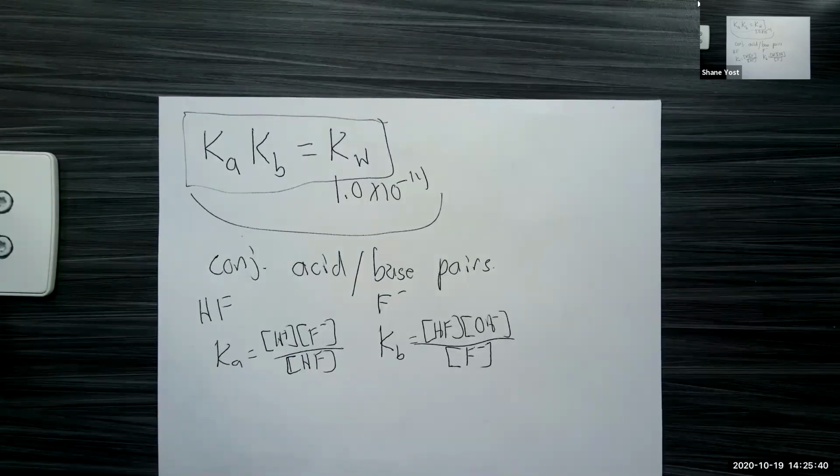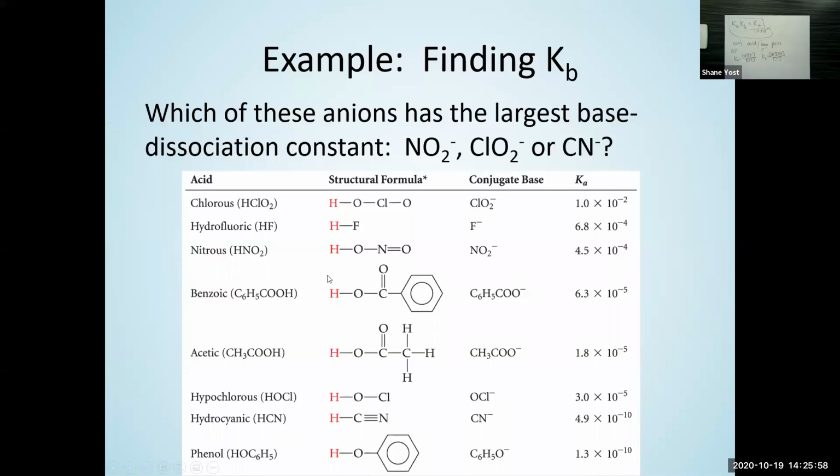Again, this only holds true for conjugate acid-base pairs. If I were talking about HF and CN minus, this relationship is not true at all, because they're not conjugate acid-base pairs. If you're wondering whether two molecules are conjugate acid-base pairs, if they only differ by an H plus, then they are.